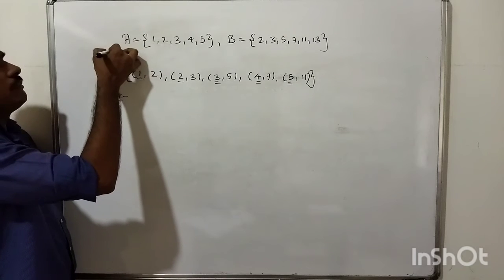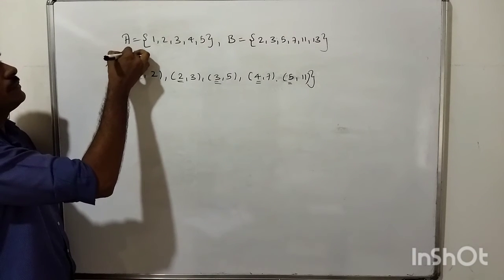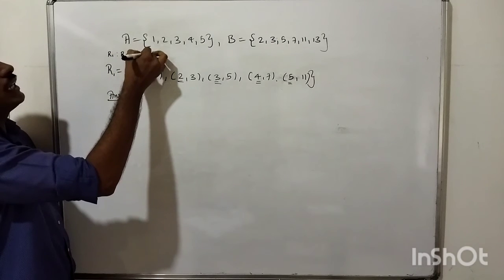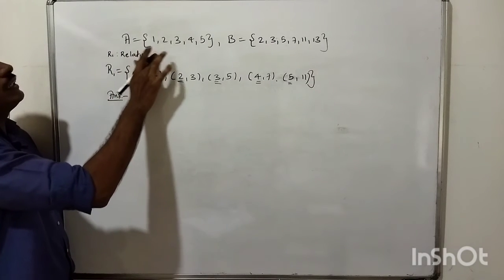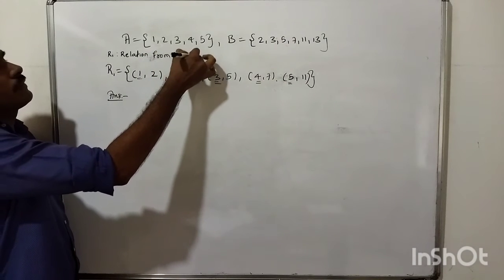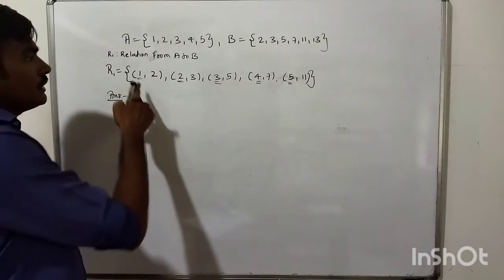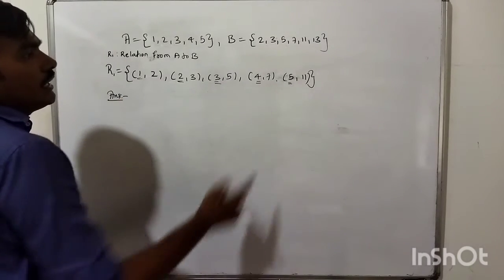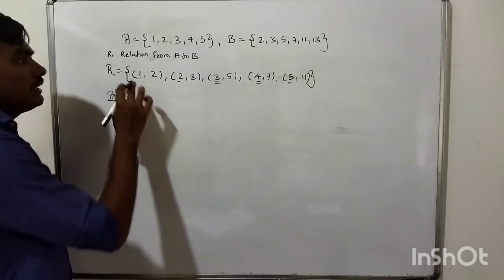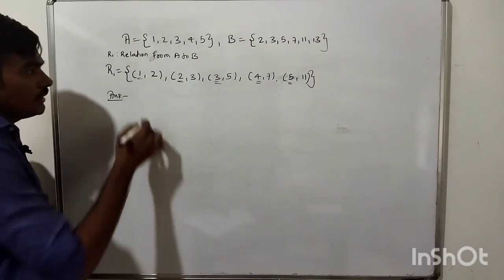Remember this is relation R1, one of the relations R1, R2, R3 and so on from A to B. Is it a function? Yes, because every element in the first set has one and only one image. So it is a function.